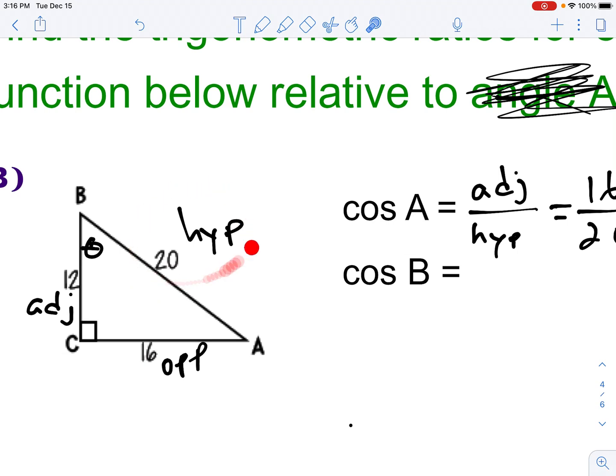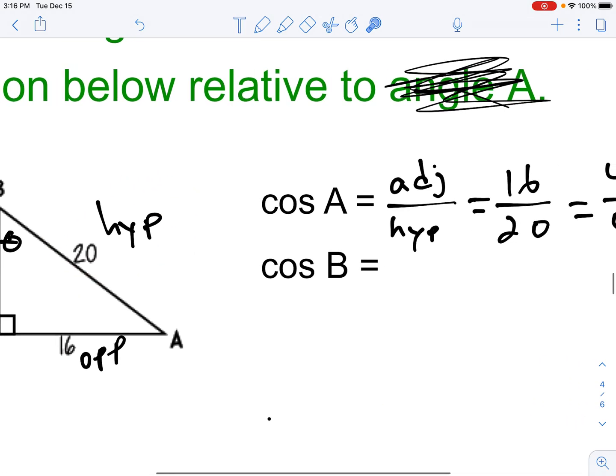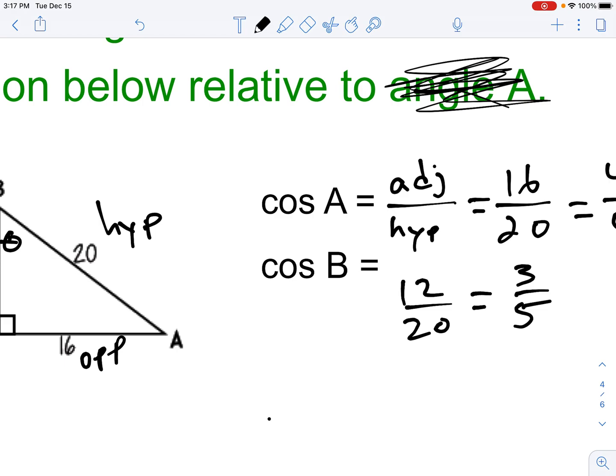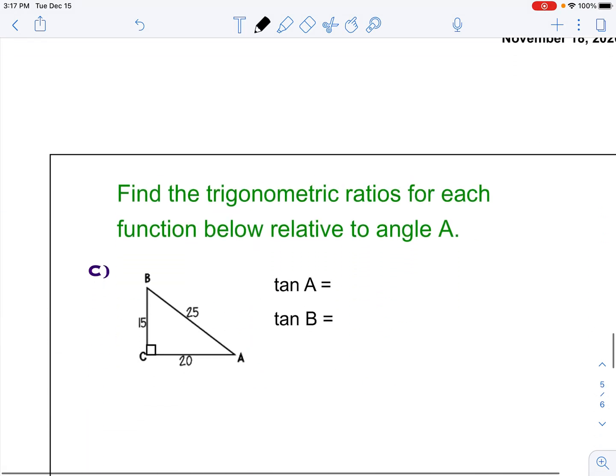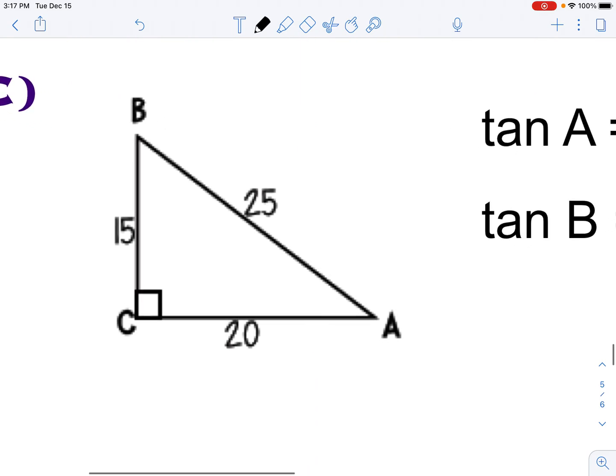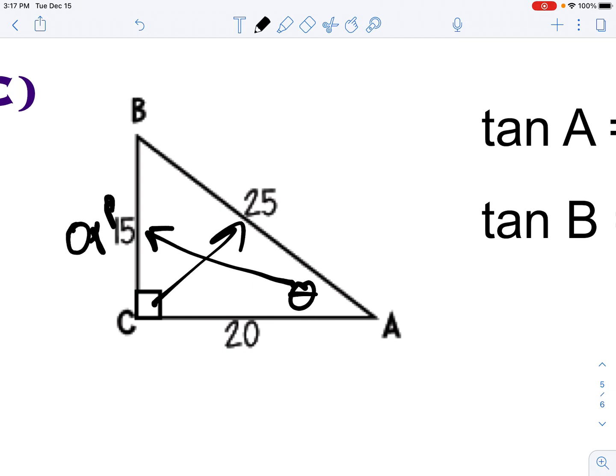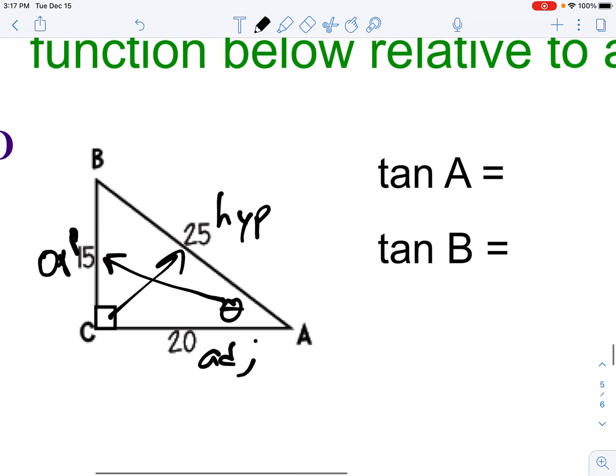Adjacent over hypotenuse. So it'd be 12 over 20, which is divisible by 4, so it'd be 3 over 5. And the third one is tangent. Again, we label opposite, hypotenuse, adjacent.